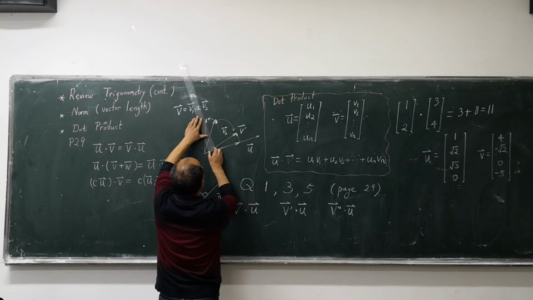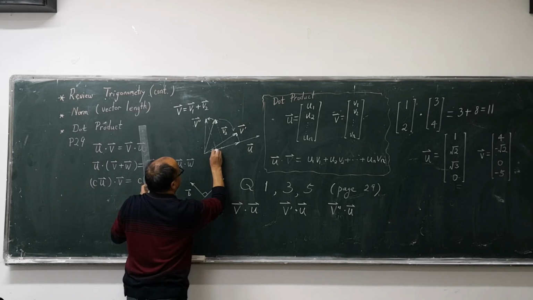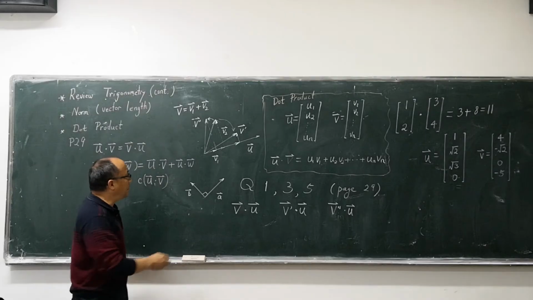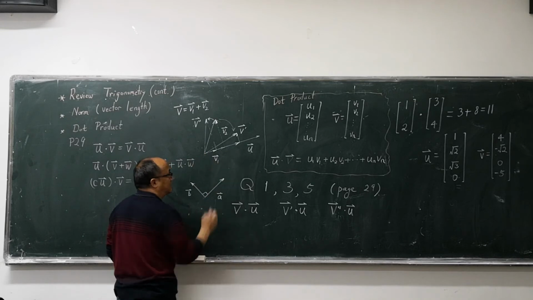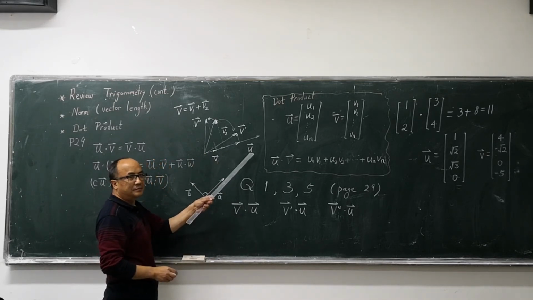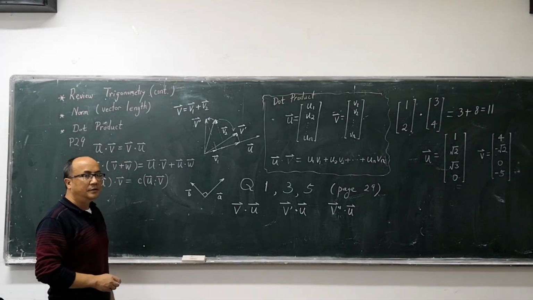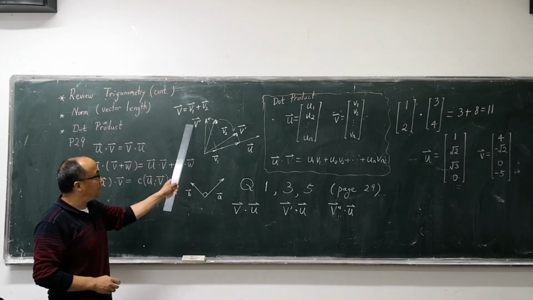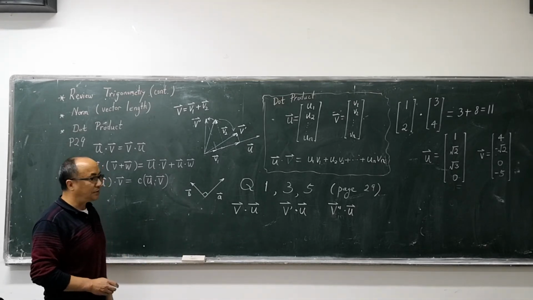But for these girls, only a tiny part is consistent with U. It's the only tiny part with U, okay? Now if it's vertical, then that's 0.